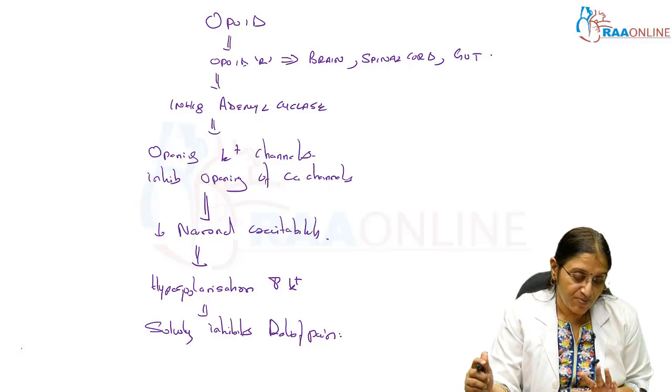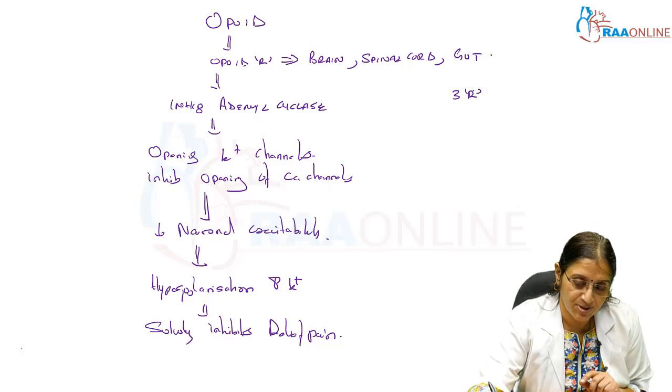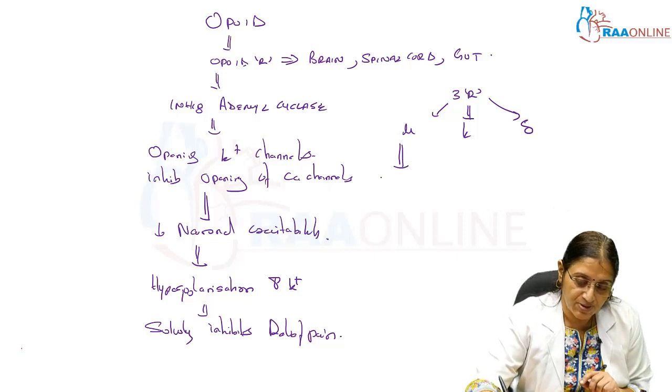These opioids act on three types of receptors: one called the mu receptor, one called the kappa receptor, and another called the delta receptor. The mu receptor is involved in euphoria.